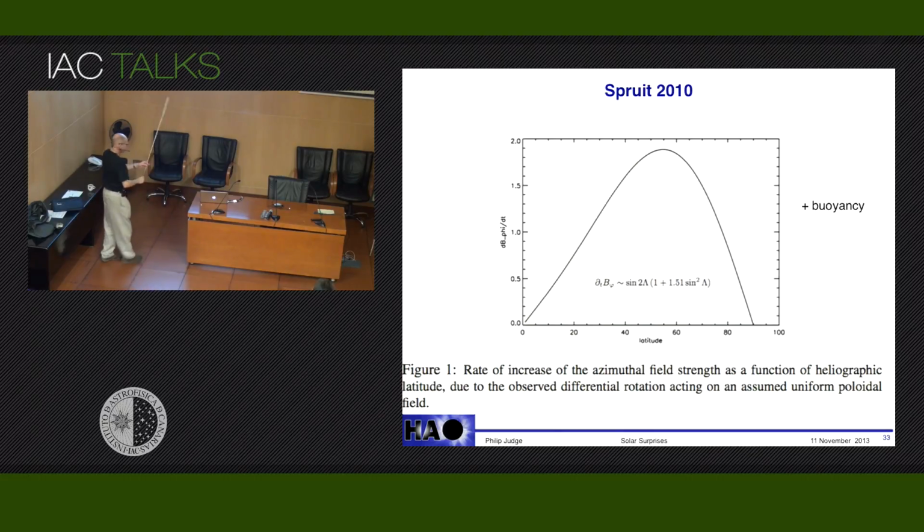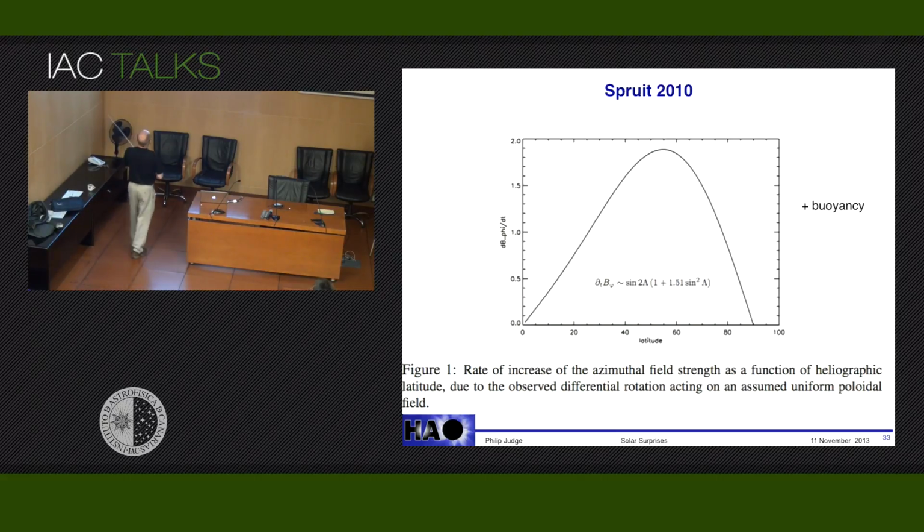So what he's doing is he's putting a poloidal field inside the convection zone. He's using the differential rotation observed down near the base of the convection zone, and he's using the latitudinal shear to find out what the rate of growth of the magnetic field is just from that shear stretching term. That's all it is.